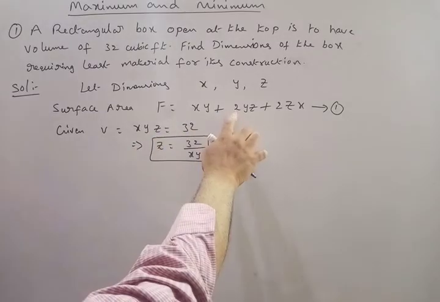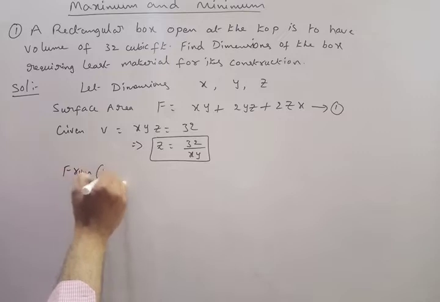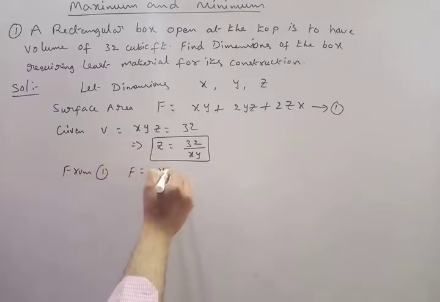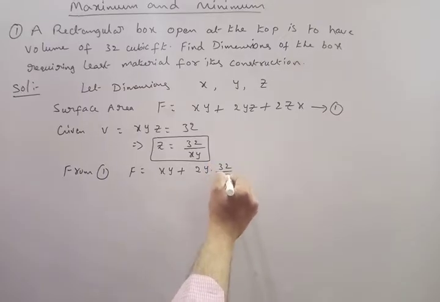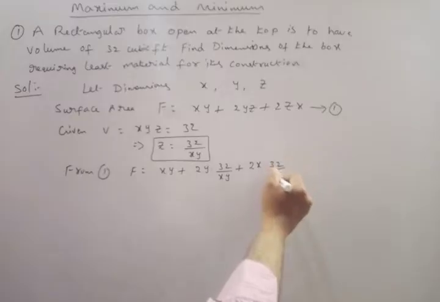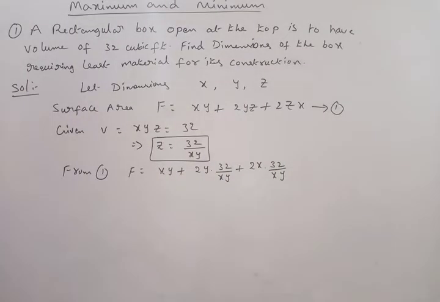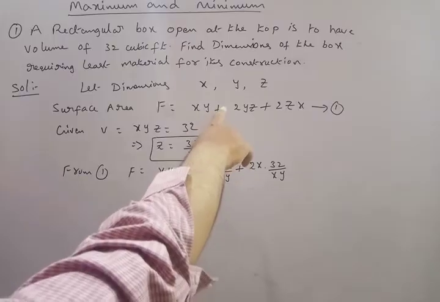We have to substitute in equation number 1. So f is equal to xy plus 2y into z, that is 32 by xy, plus 2x into 32 by xy. I substituted the z value in the surface area. Volume is in 3 variables, so we are converting the surface area into 2 variables.